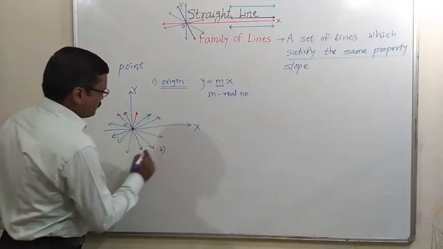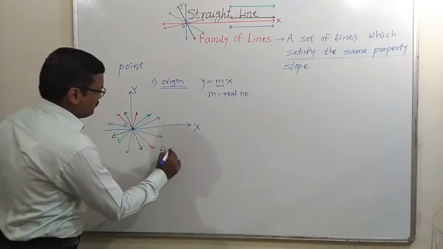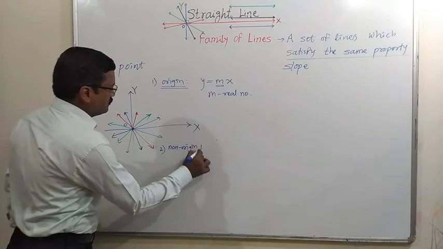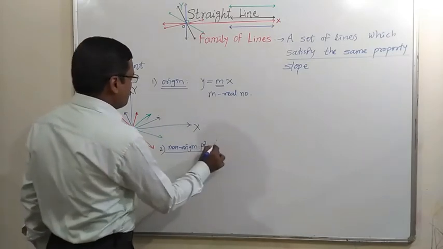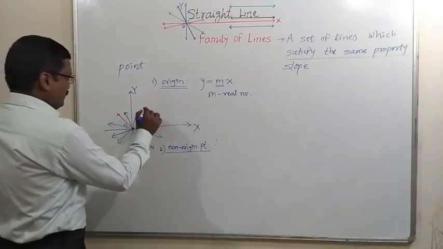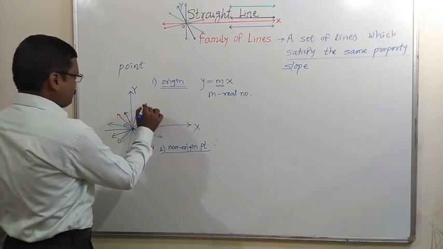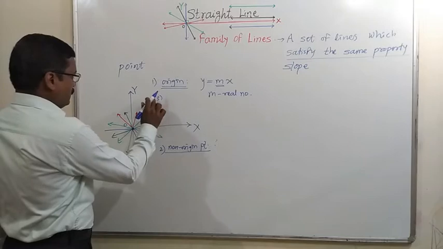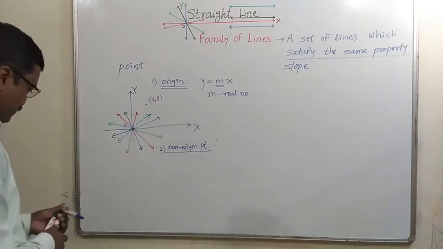Suppose in another case, instead of origin, a non-origin point is given, say point whose coordinates are 2 and 3.